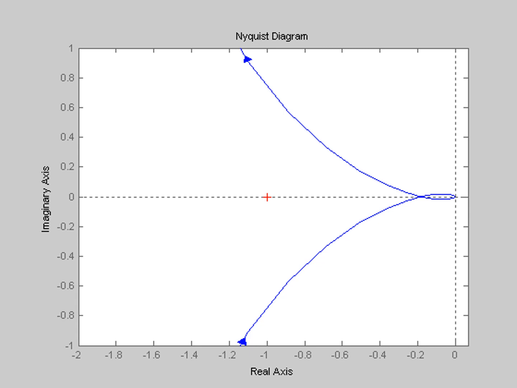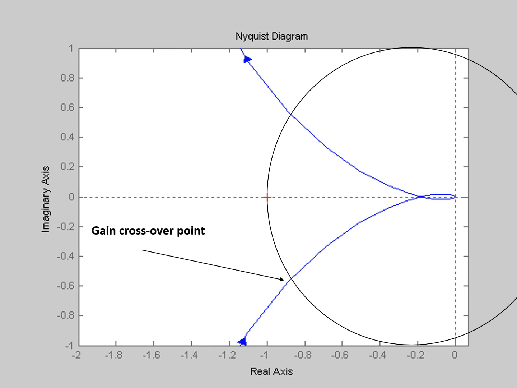And this is a Nyquist diagram obtained in MATLAB for the condition which is shown. Okay, this is our axis plot. So here, if I draw a circle like this, it crosses your plot somewhere here, which is called the gain crossover point. And similarly, this is called your phase crossover point, the point at which it crosses your 0 dB line.